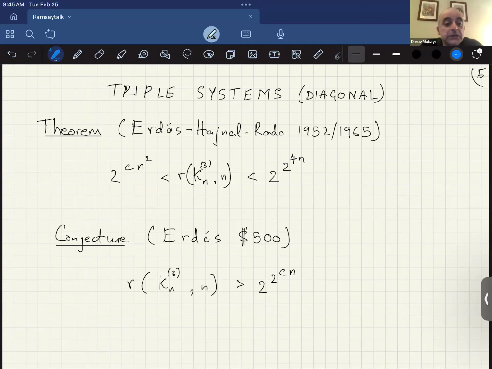By hypergraph, I mean 3-uniform hypergraphs. And here we have an upper bound due to Erdős and Rado, using some application of the pigeonhole principle, of a double exponential in n. But the lower bound that we know is only from the probabilistic method.